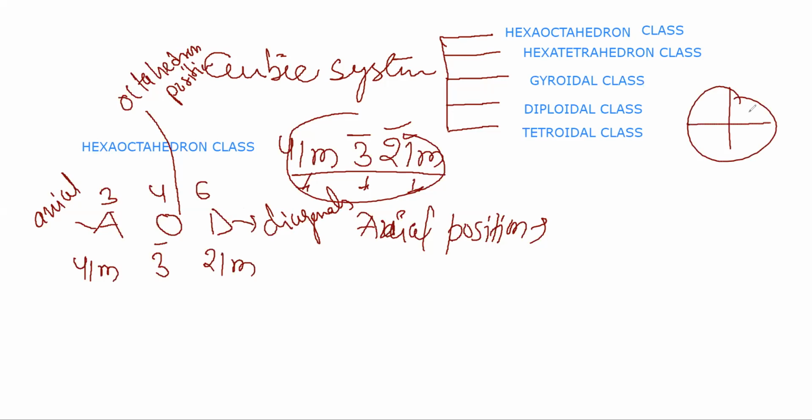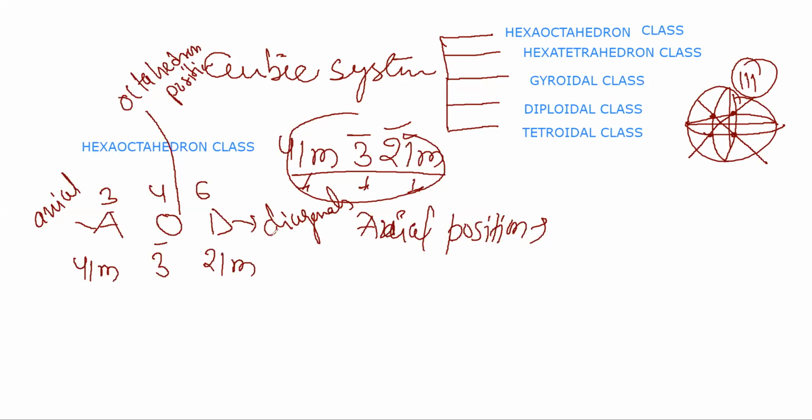Octahedron is, if you remember, something like this. We were drawing the diagrams. So these positions are the octahedron positions, and they have Miller indices 111. Family of 111, not only the 111, the family of 111. It could be 1 bar 1 1, 1 bar 1 bar 1, something like that.